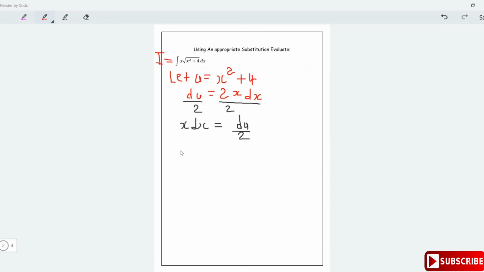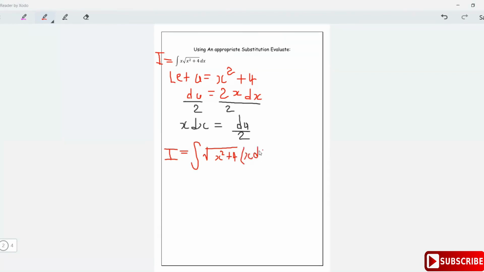If this is I, then what I know is that I is equal to this integral right here. I can rewrite this as the integral of, this is a product of two things, so I can break this up as the square root of x squared plus 4 times x dx. Remember, this is a product.